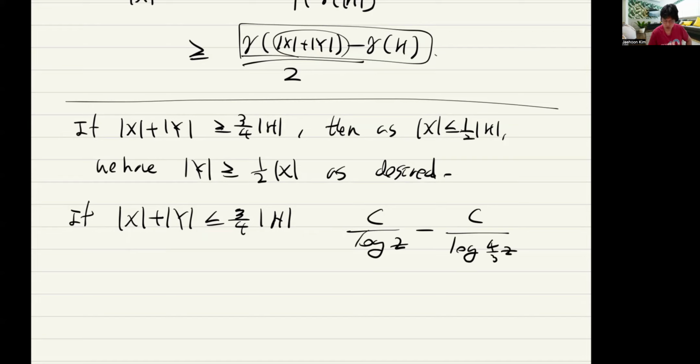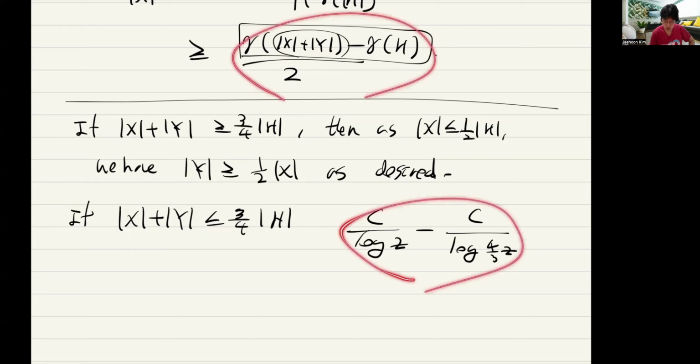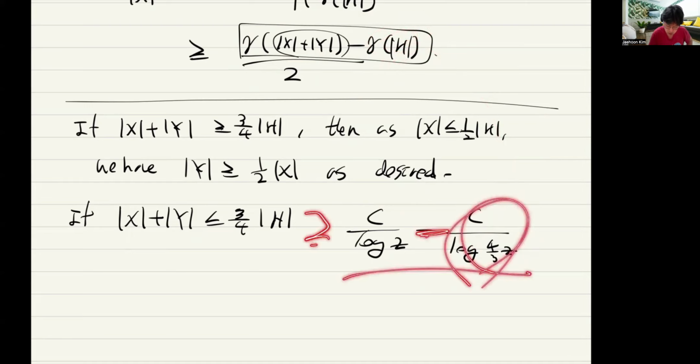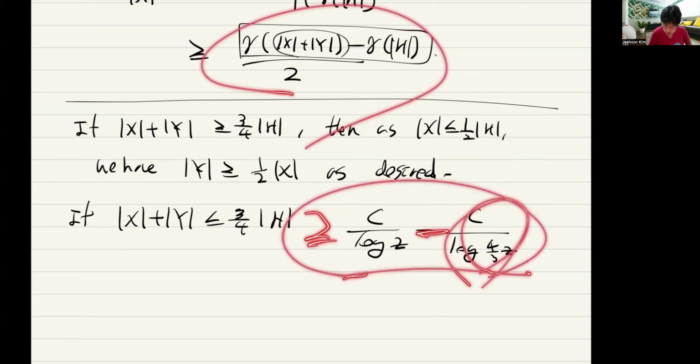So this is the lower bound here. Because this is a decreasing function, this is smaller than H. So the smaller one is fine. I mean, you get the bigger number and you subtract a bigger number, then this is smaller. So this is at least this much.